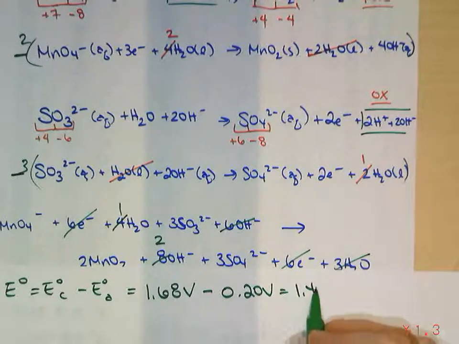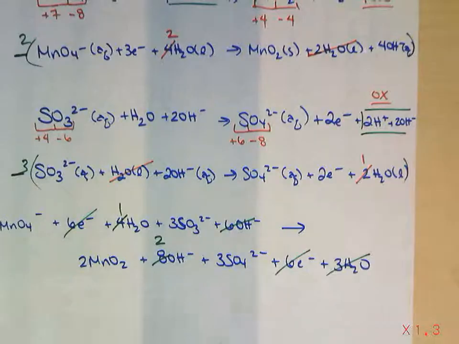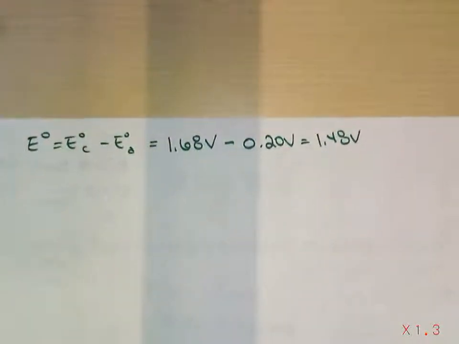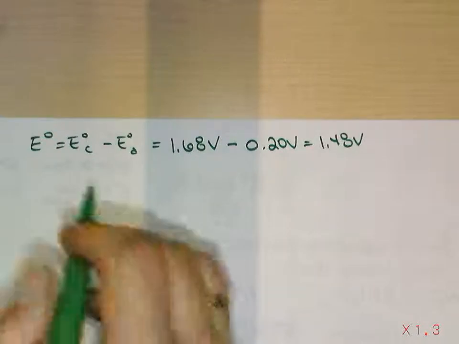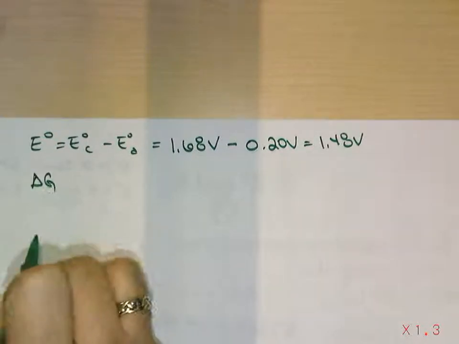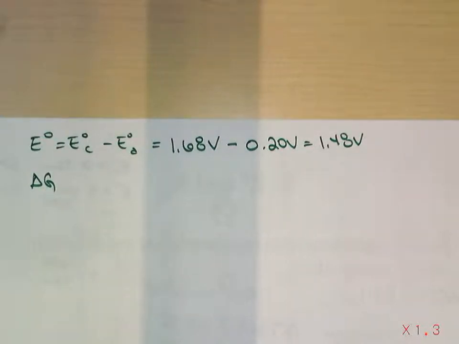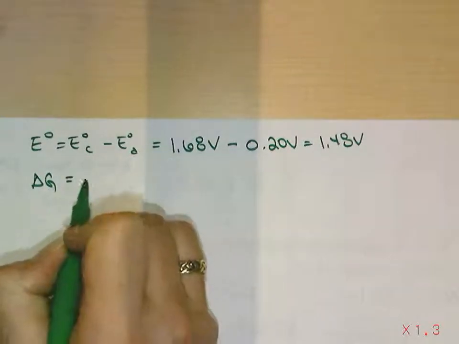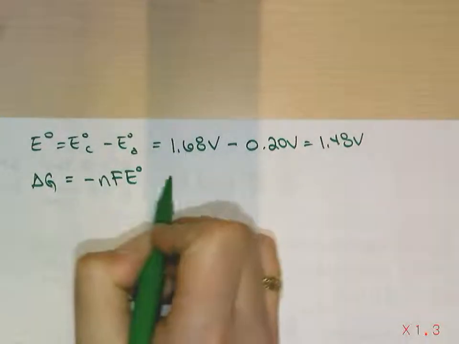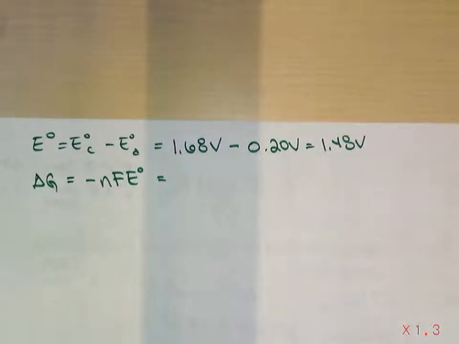All right, is that spontaneous as written? Yes. Okay, so now we're ready to go on and find delta G and our KEQ. All right, so what would be N for this particular reaction? 6.